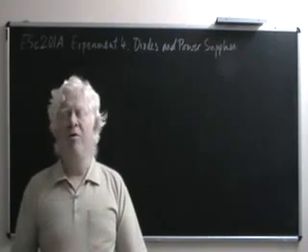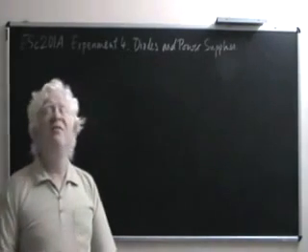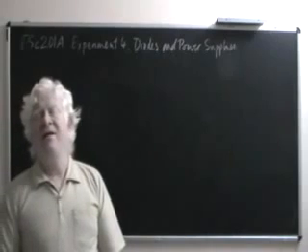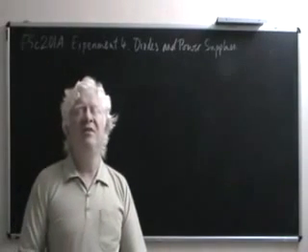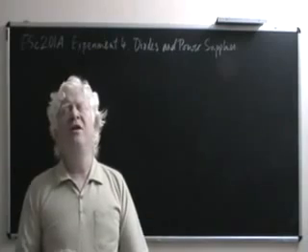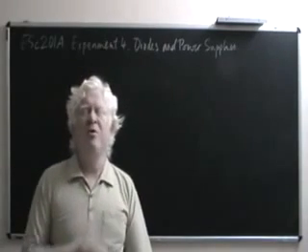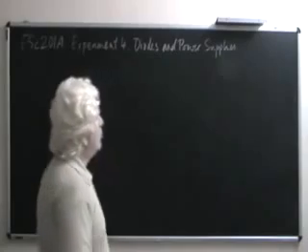For an ideal diode, of course, we say that the forward resistance is indeed zero and the reverse resistance is nearly infinity. So let us plot the characteristic of the diode with respect to voltage and current. It would look like this.